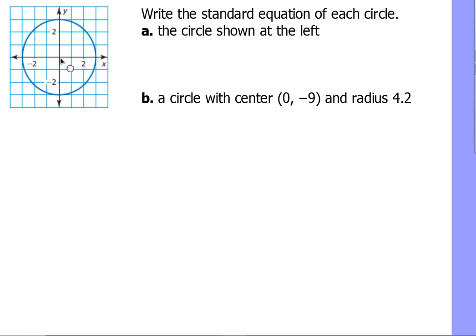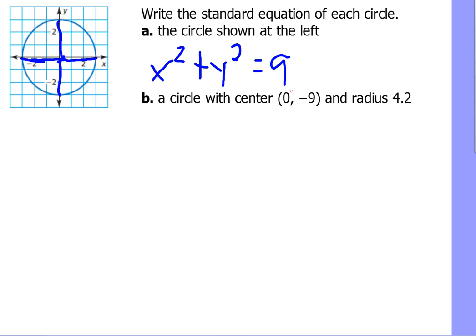We see here that the center of the circle is at the origin. How do I know that? Because there's a distance of 3 in every single direction, and so the radius is going to be 3. So I will have x squared plus y squared simply equals 3 squared, which of course is 9.